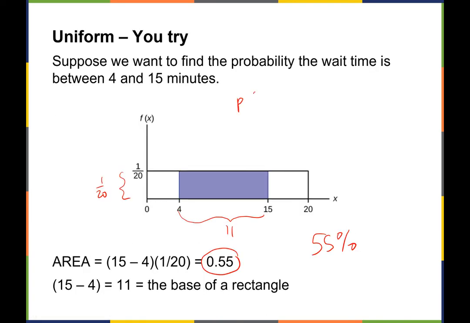The probability that 4 is less than x is less than 15 equals 0.55. I like to think of it as that purple box is 55% of the area out of the entire box from 0 to 20, right? That is 55% of the time you're going to wait between 4 and 15 minutes.